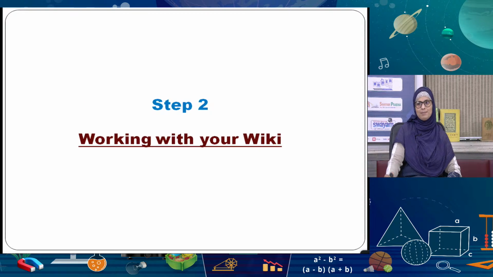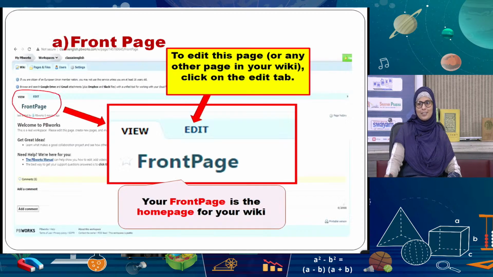Let's move ahead. Step 2, working with your wiki. So how can you work with your wiki in PBworks? After login, where we ended last time, you will find your front page. You are seeing the magnified view of the front page.